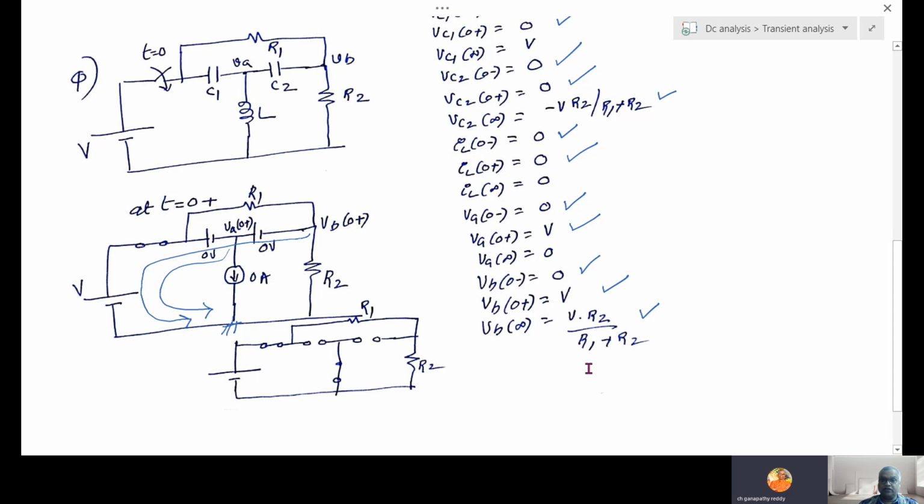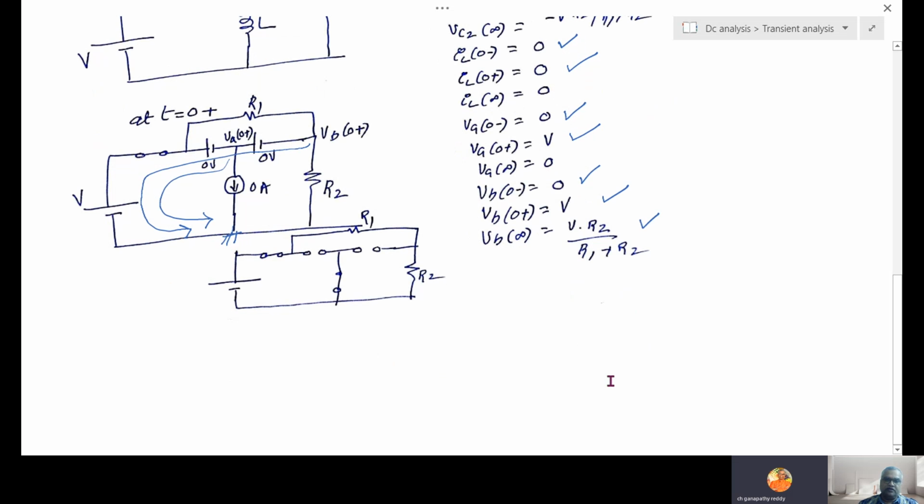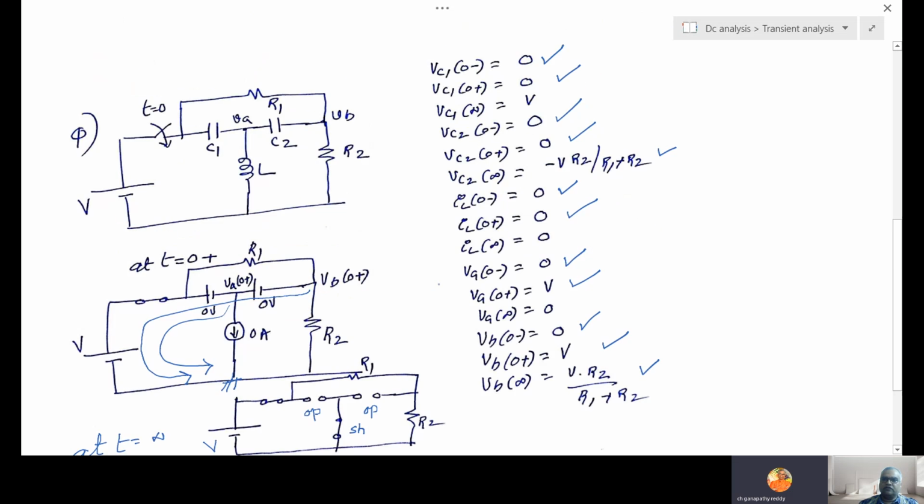Next, at t equal to infinite. This is the equivalent circuit at t equal to infinite. Infinite V is applied, switch closed, and this capacitor open, this capacitor open, this inductor short. Okay. Now what do we want?